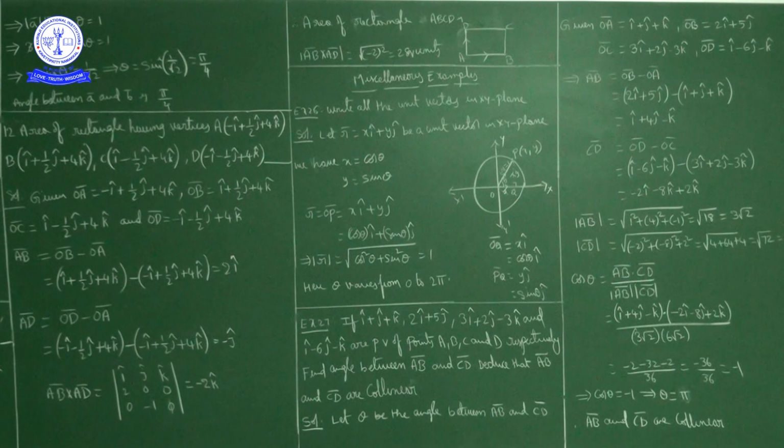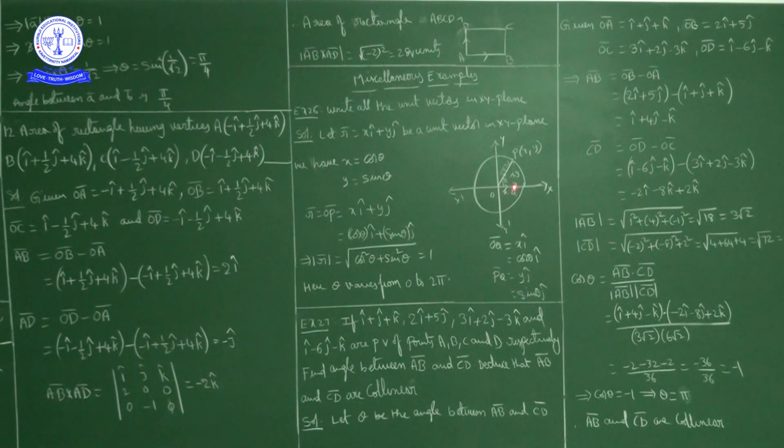Now what is this vector? x i cap plus y j cap, because if you drop a perpendicular on x axis it will be OQ bar. OQ bar is how much? x. And PQ bar is how much? y. Now in the triangle OPQ, what we have?